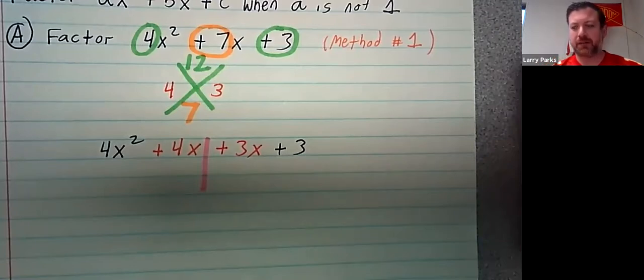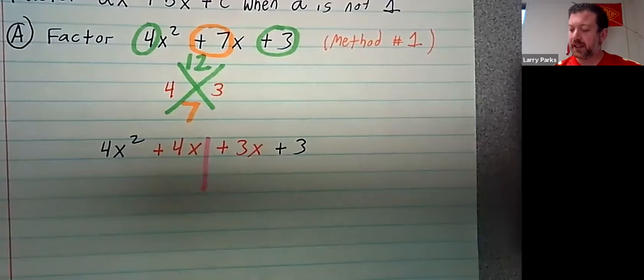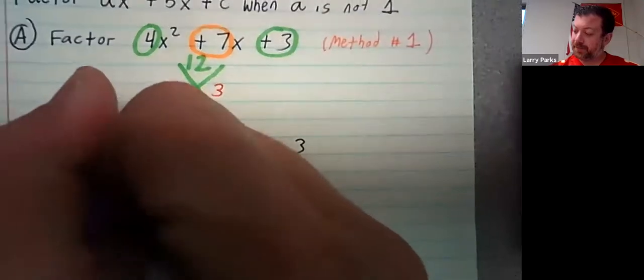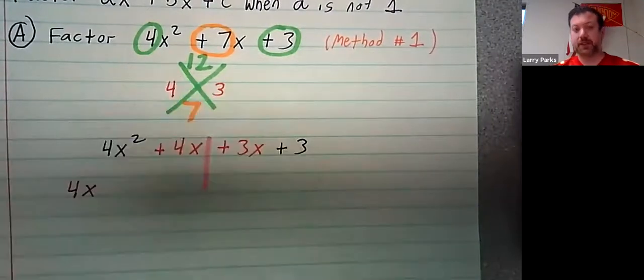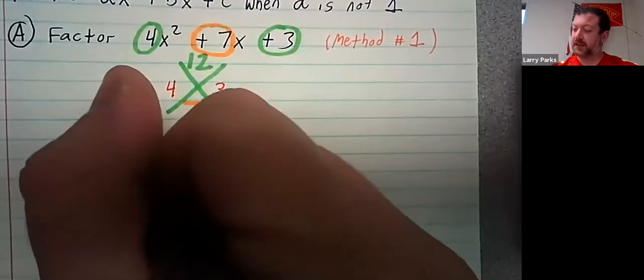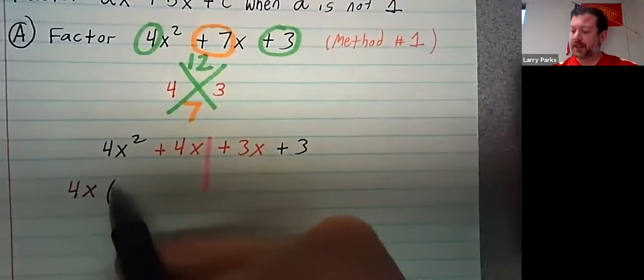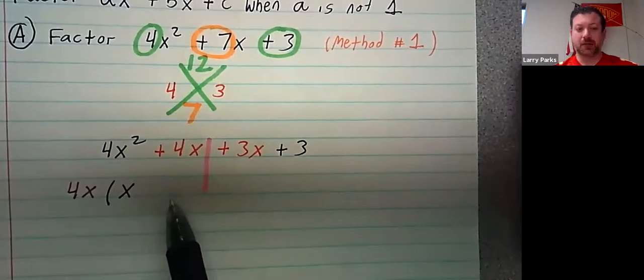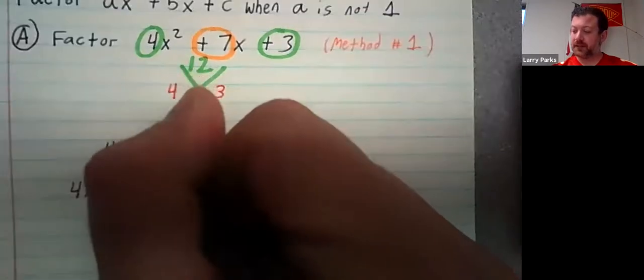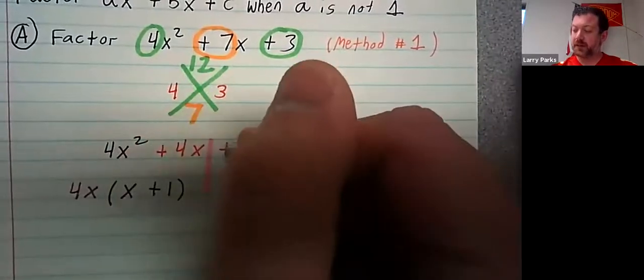Let me think. 4 and x. What's left over? 4x times x is 4x squared, and then 4x times 1 is 4x. Pull down my sign.